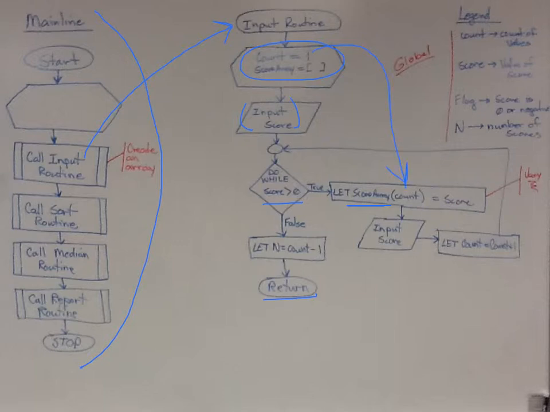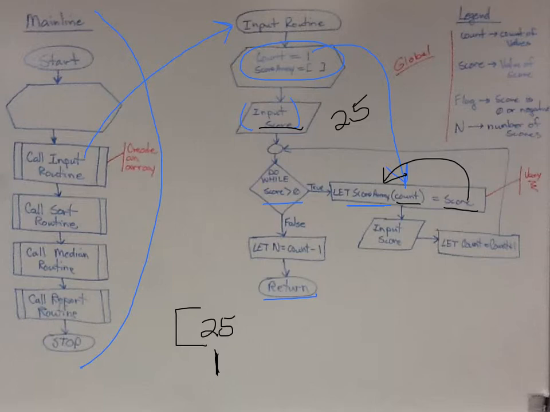So in this case, we're building an array, and the 1 position of the array is going to be the first score, let's say 25. Okay, so whatever that score was, in my case I said it was 25 for the first time, that's going to be stored in the array in subscript 1 of the array, because I'm using count there.